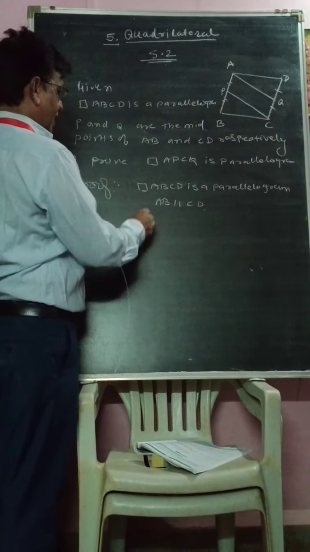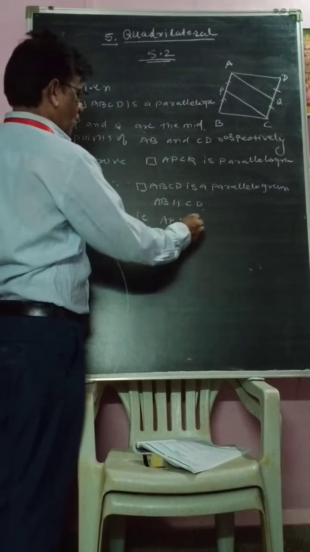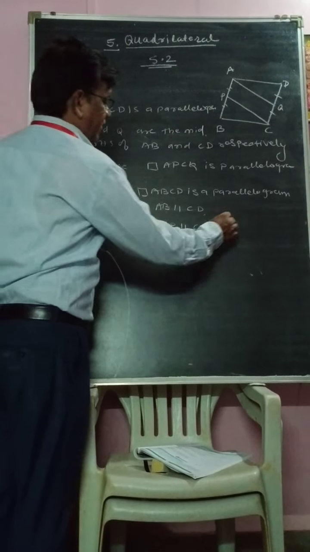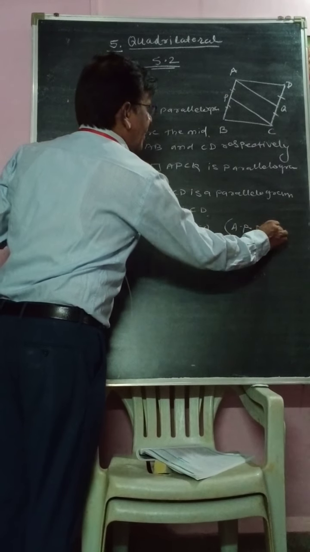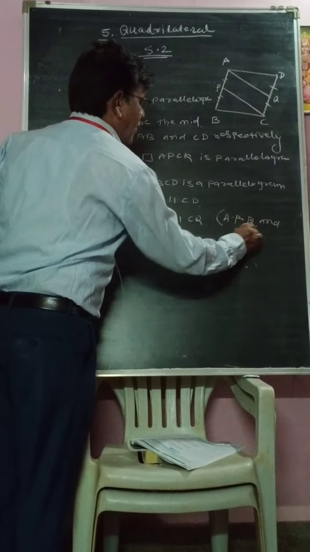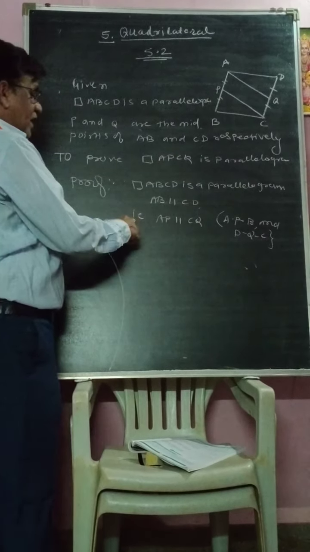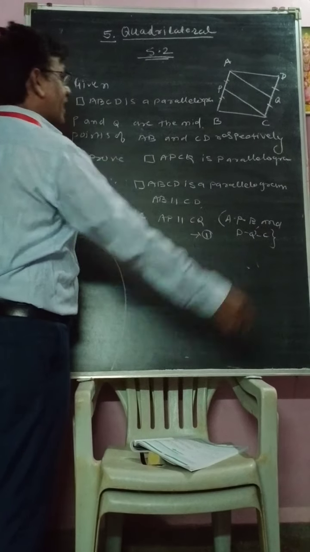It means that AP is parallel to CQ, because A, P, B and D, Q, C are collinear points. Therefore, you can say that AP is parallel to CQ. This is equation number 1.